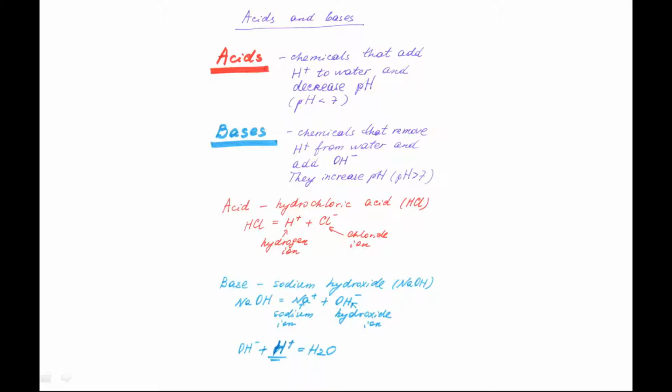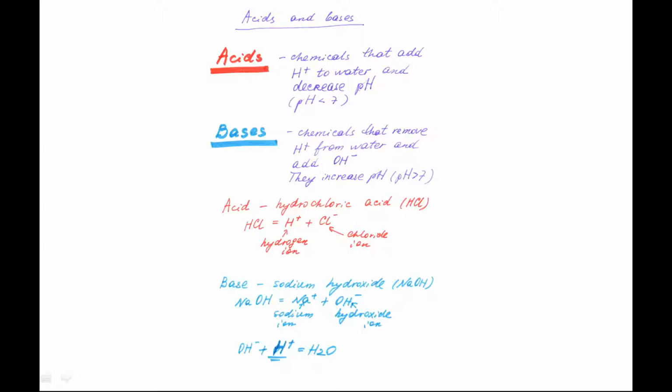So if we have to handle a chemical which is a strong acid or a strong base, for example, in a laboratory, we have to follow very serious precautions, because those chemicals are very reactive, and if, for example, you spill them on your skin, you can have a very serious chemical burn.